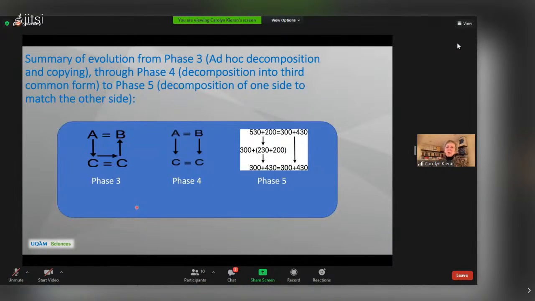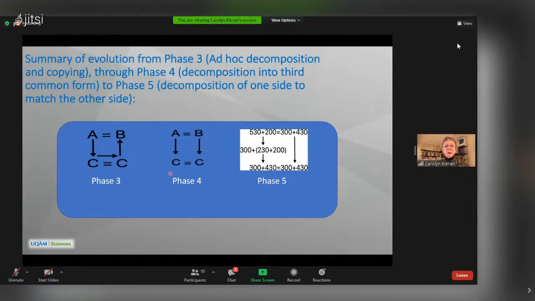If we take one more quick look at this evolution from phase 3 through to phase 5. In phase 3, the ad hoc decomposition and copying involved here decomposing side A into form C, copying it over to the right side, and then testing to see if it was equivalent to the expression on the right side.